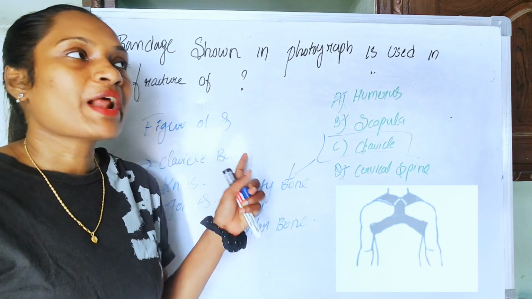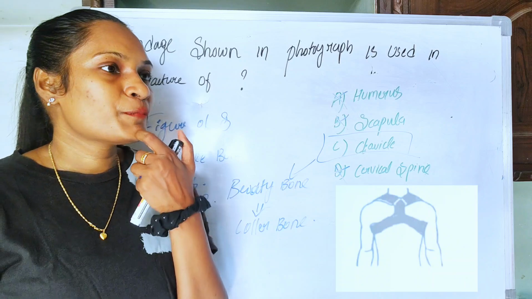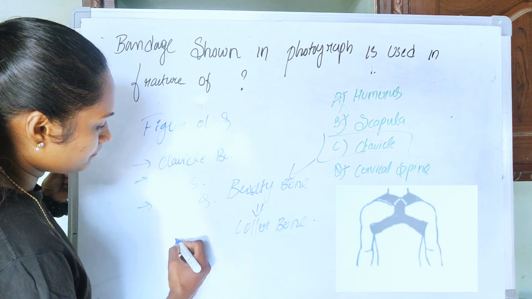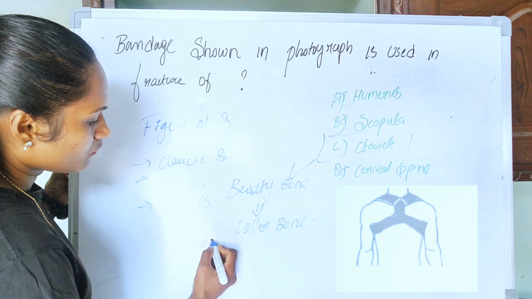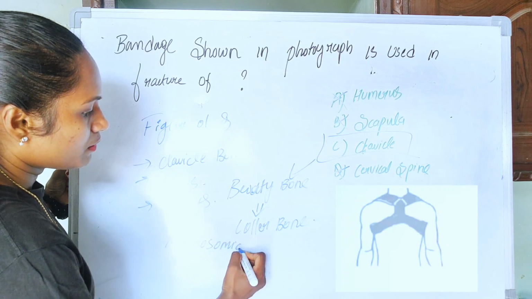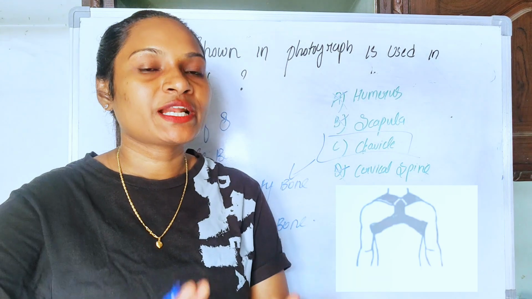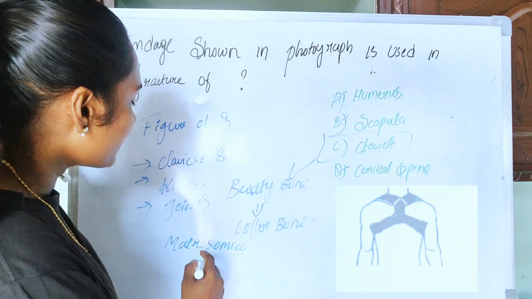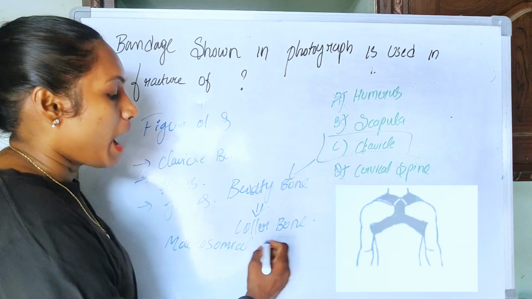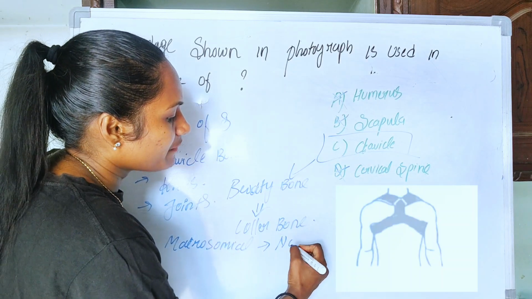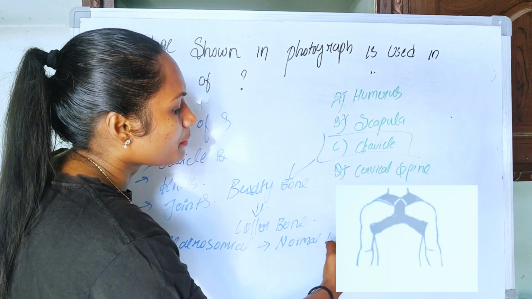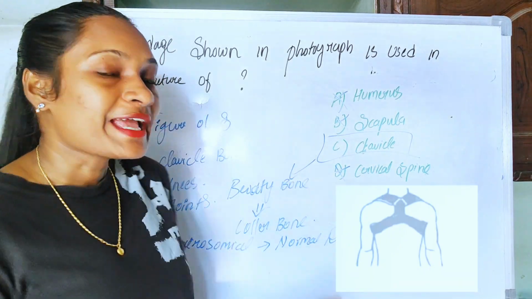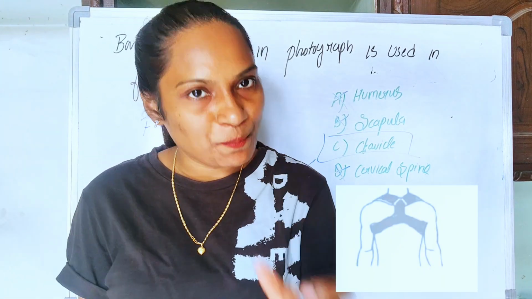One more question is, if in pregnancy the baby is macrosomic, meaning more than the expected weight, and that macrosomic baby undergoes normal delivery, then what fracture can we expect?